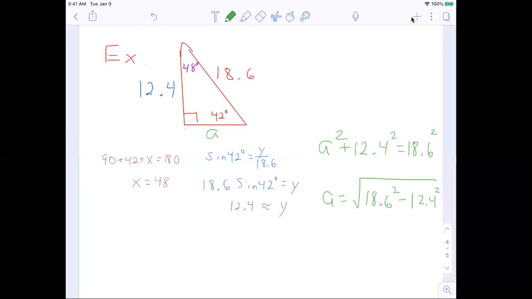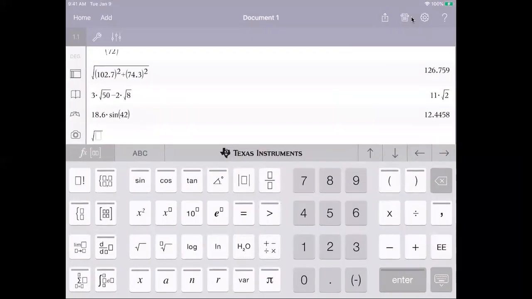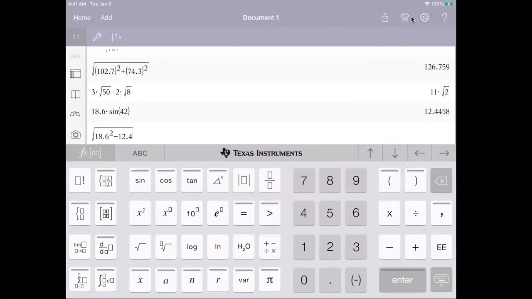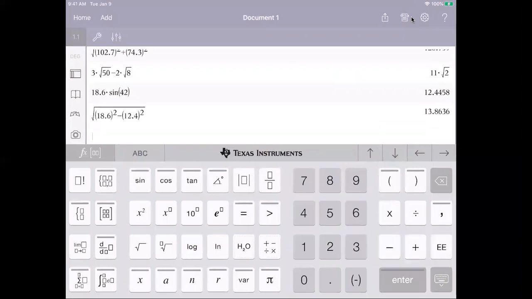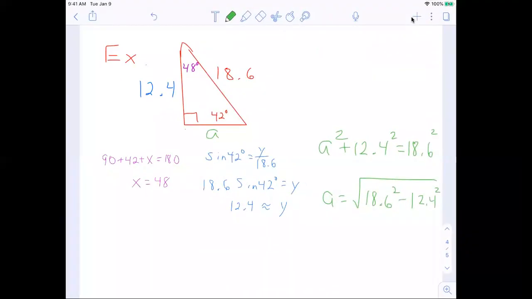So I'll go to my calculator. I have the square root of 18.6 squared minus 12.4 squared. And that approximation, we get 13.9. So that side is 13.9.